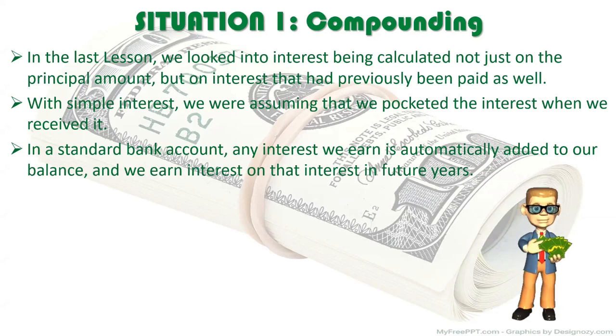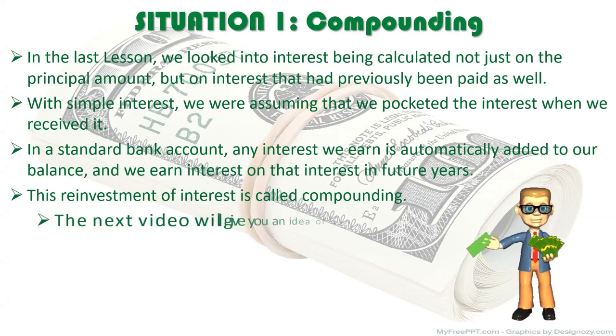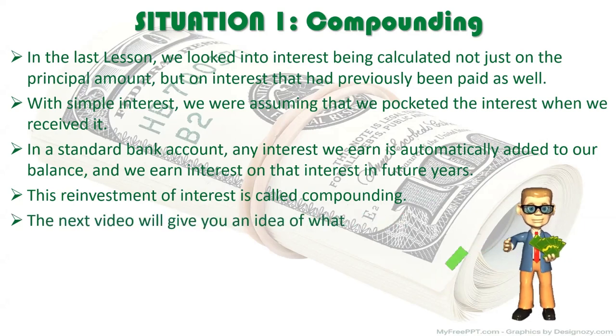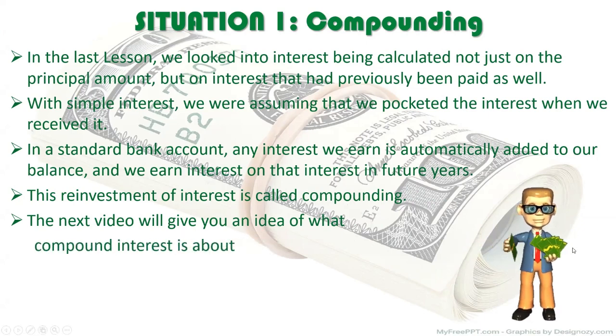In a standard bank account, any interest we earned is automatically added to our balance, and we earn interest on that interest in future years. This reinvestment of interest is called compounding. In this next video from Investopedia, it will give you an idea of what compound interest is about.